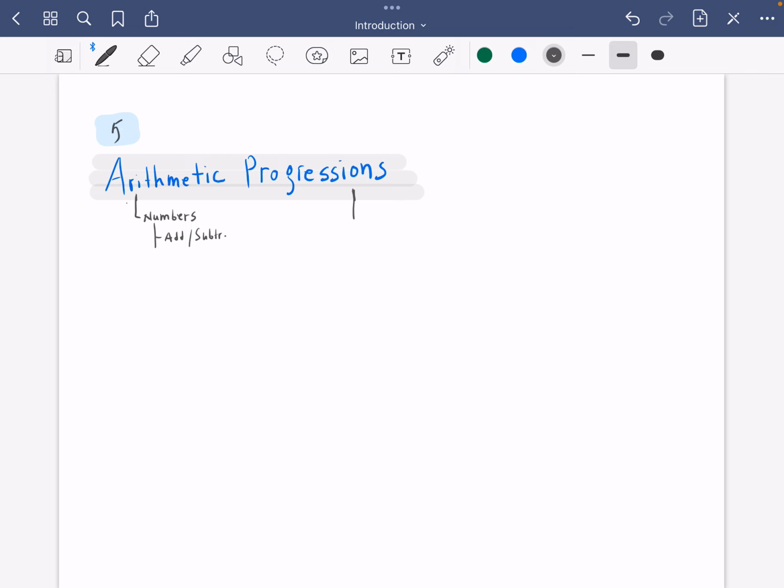And the idea of progression here means change in numbers. So when you have a lot of numbers, you want to find out how they are changing. If you want to find out how numbers are changing, that means you want to find out the pattern or trend that these numbers show.